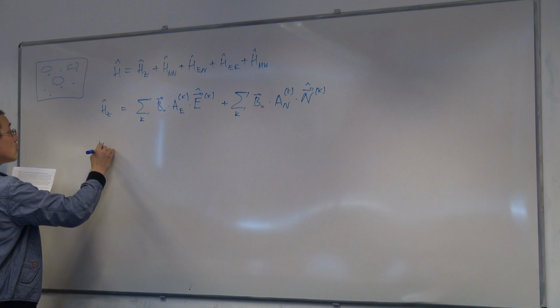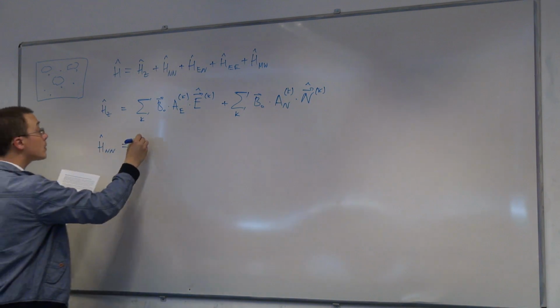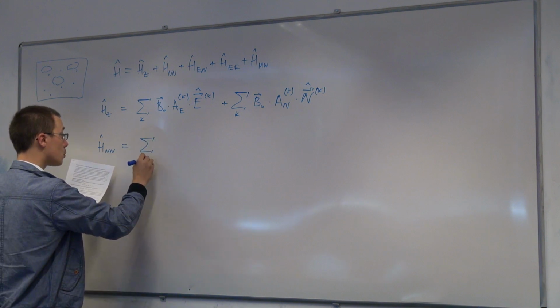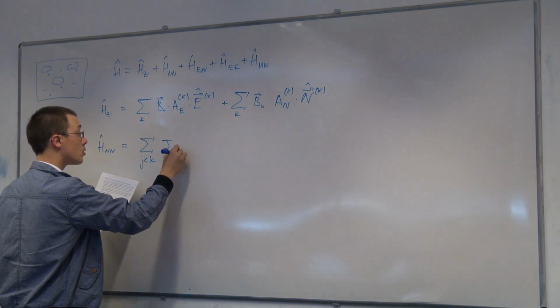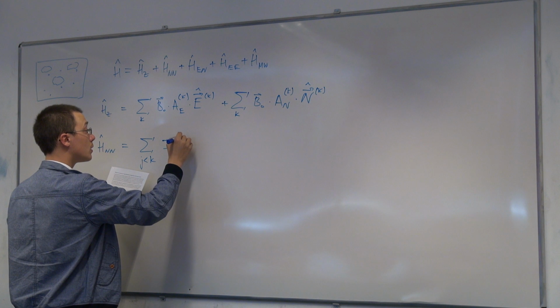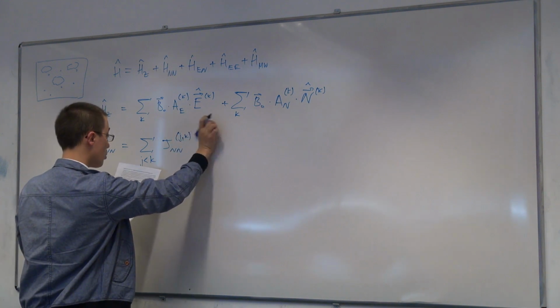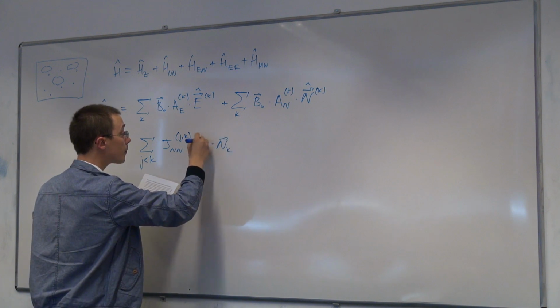Right, so H nuclear would contain our J couplings, for which I will just assume angular frequency units, so I don't have to worry about those pi's and 2 pi's. So J nuclear between nucleus J and nucleus K, and then the nuclear spin operators, I_J scalar product I_K.